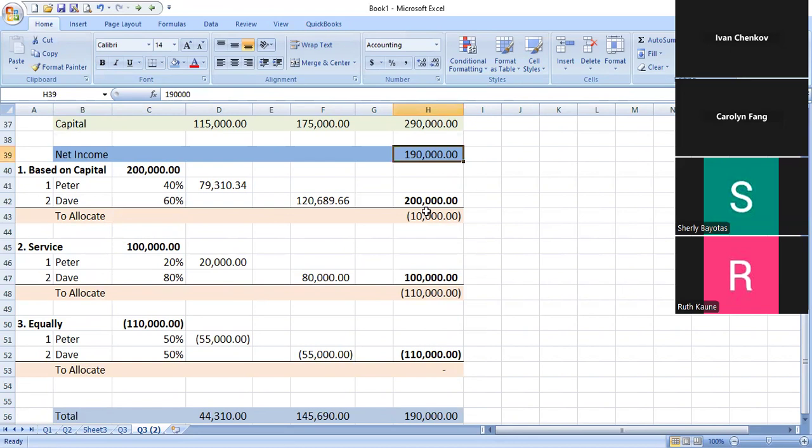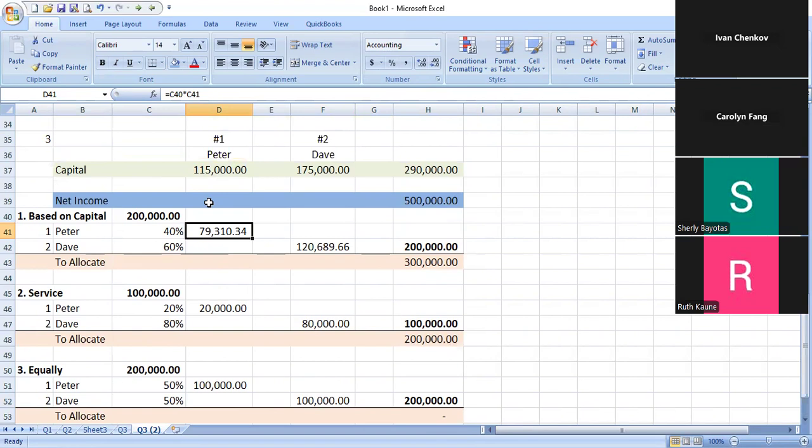Obviously, but watch this. Let's say the income is $500,000, then suddenly Peter gets equally on the $200,000. So technically, most likely in this case, as you can see, Peter is investing less money. The other thing is clearly he's investing less. The other thing is probably he's not that involved in the operations.